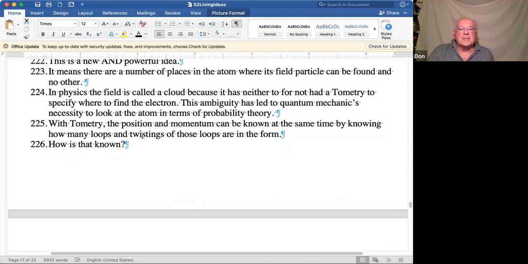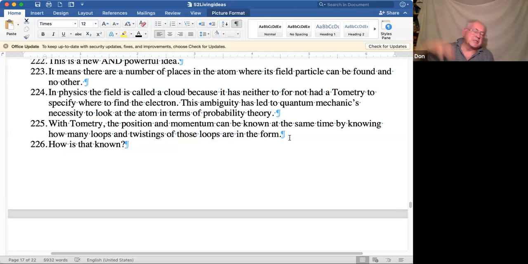So with Tometry, as I mentioned before, position and momentum can be known at the same time by knowing how many loops are involved in the form and the number of twists those loops take to make that form. All of that is encoded in the polyhedra itself. So if you have the polyhedra, you know how many loops and how many twists are in the form.